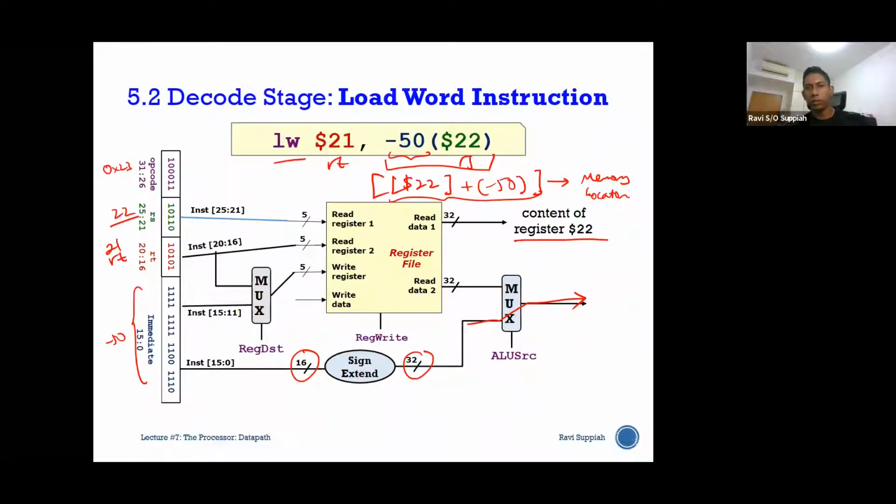Though they are two different instructions with different outcomes, in both I take the data from register 22 and add the immediate value negative 50. It is just what I do with the result that is different. In one case, I take that as the final result. In this case, I take that to point to a memory. So since the first part is the same, you do not need to make any changes to your processor architecture to support this load word instruction, correct? So no modification is needed.